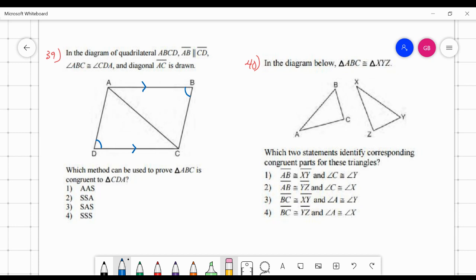Okay, so we have one angle. We also have the side here that are the same. Another thing you could say is that this angle here, BAC, is congruent to angle DCA because we have parallel lines cut by a transversal, so alternate interior angles are congruent. So now we have angle, angle, side. Option 1.